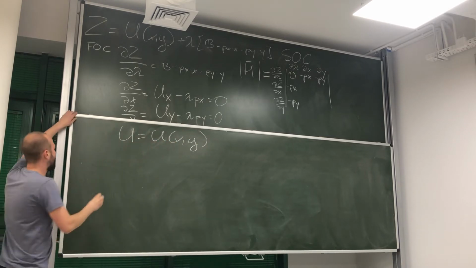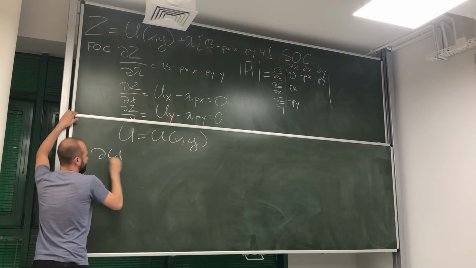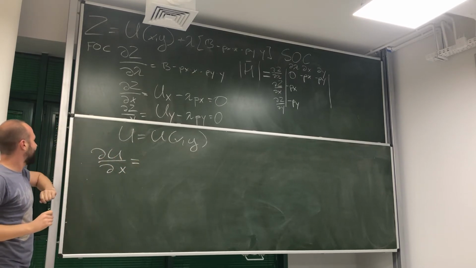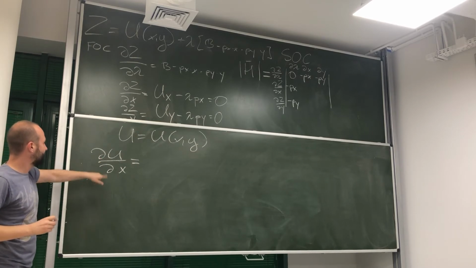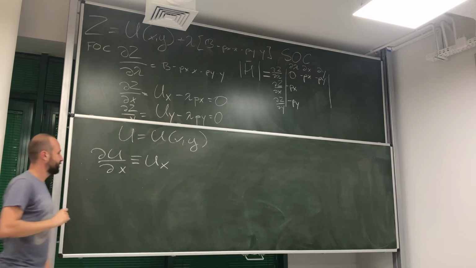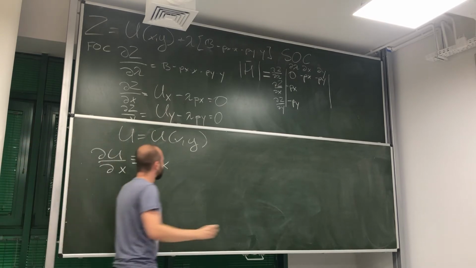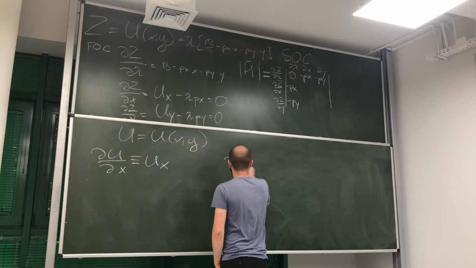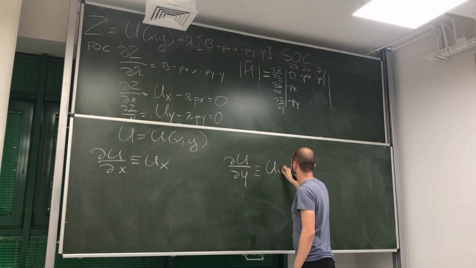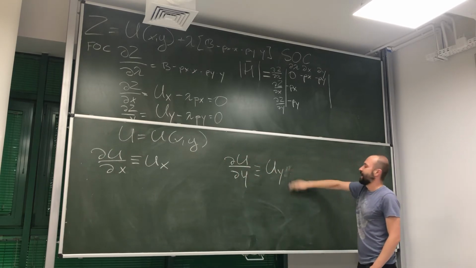And now look, if I'm going to differentiate u with respect to x, I'm going to get ux by definition. And if I'm going to do this with respect to y, I'm going to get uy, marginal utilities.